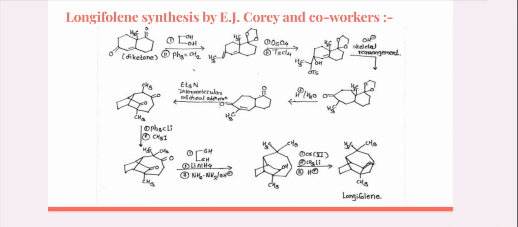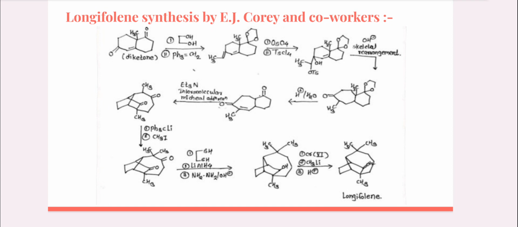Look at the third structure, the product we have formed. In this third structure, in the presence of a base, for example OH minus, this intermediate undergoes skeletal rearrangement, a pinacol rearrangement, with ring expansion taking place in the presence of the base. So the product we have formed is the fourth structure.